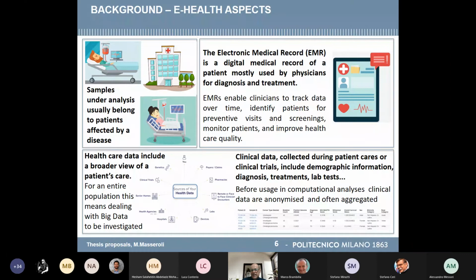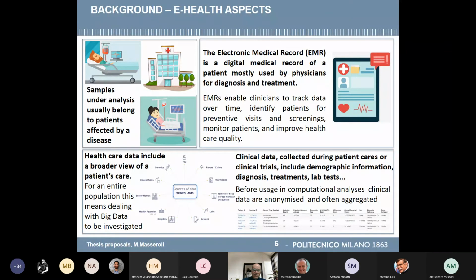These data are typically collected and stored in structured form within electronic medical records, or also in a textual form, in which case we are able to extract this information through some easy text mining approaches.